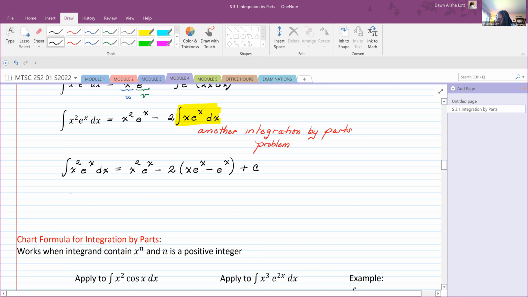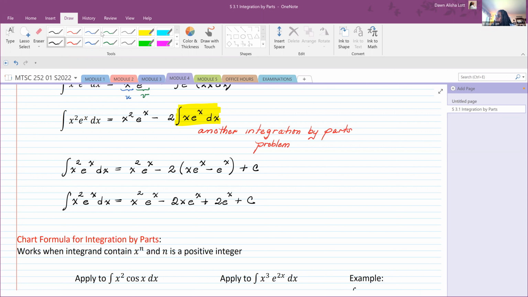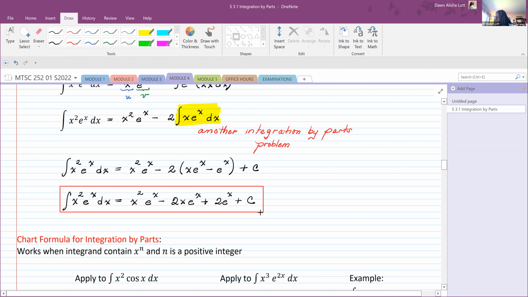So now we get that the integral of x squared e to the x dx is equal to x squared e to the x minus 2x e to the x plus 2 e to the x plus a constant. Okay. Any questions about that?